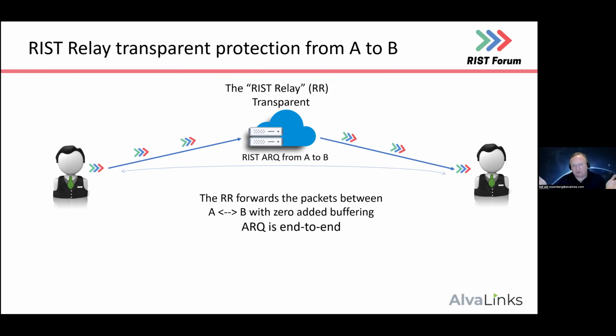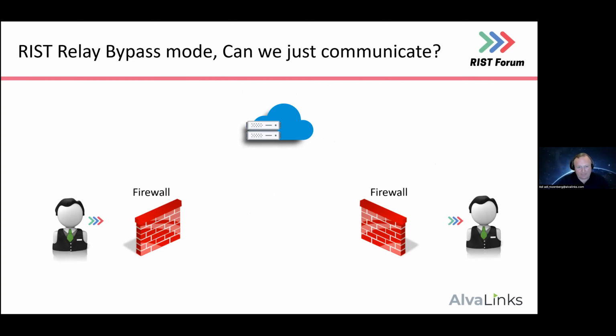It's another option that the RIST relay can support if asked to do so. So the idea is that there's no intermediate buffering, and you can build systems that utilize end-to-end ARQ, or you can have a middle point that does the ARQ. It's up to you to decide how you do that.